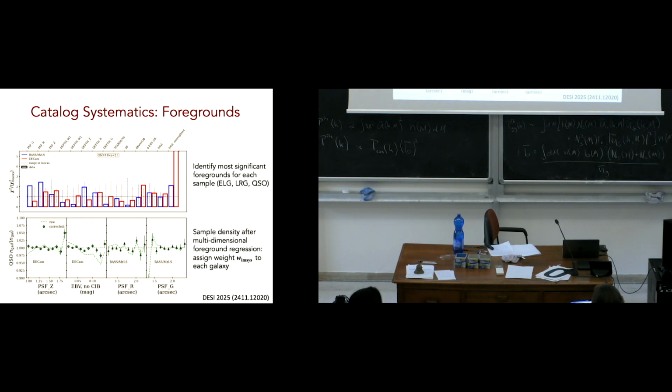And based on that, they define a subset of systematics that goes into the actual systematic regression. And you see the result here for, I guess, the worst systematics in the bottom panel. So for the quasar sample, some of the strongest effects are the PSF in the z-band related to the luminosity cut, the reddening, and also the PSF depth in r and g.